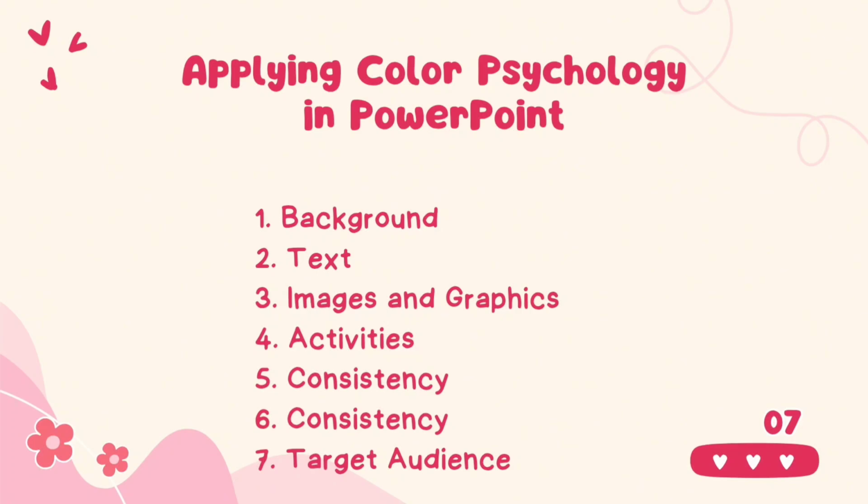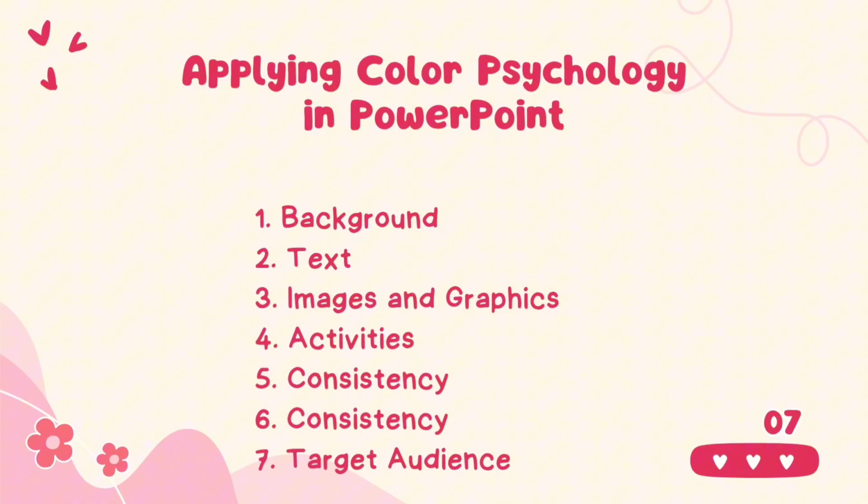Use different colors to mark important parts of your presentation. For example, use red for important points or green for additional information. Fifth, consistency. Keep your colors consistent throughout your presentation. Consistent use of colors will make your presentation look more professional and easier to follow.